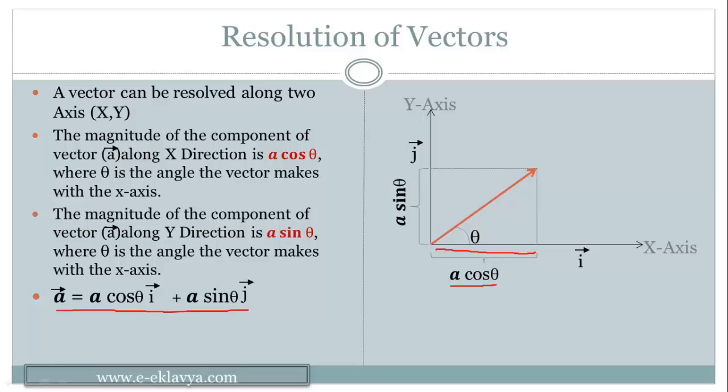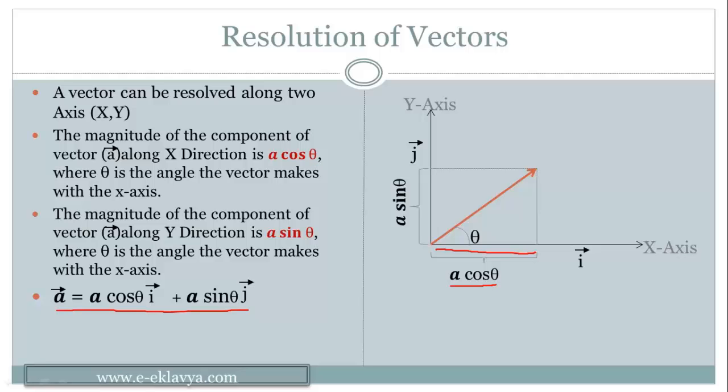What I am trying to say is that if a vector is making an angle theta with a particular axis, then along the axis is the magnitude of the vector multiplied by the cosine of the angle, and perpendicular to the axis is the magnitude of the vector multiplied by the sine of the angle. That is the two components.